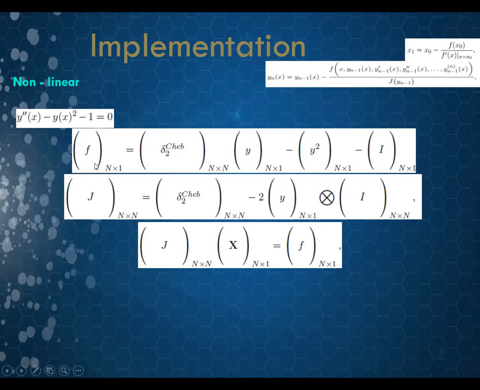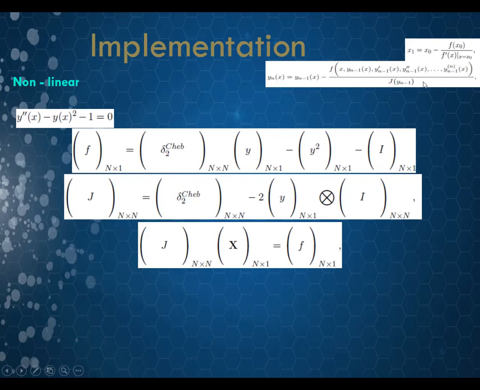And the column matrix of f is equal to the matrix of the second derivative based on Chebyshev polynomials acting on y, minus y squared, minus the identity column matrix. And the Jacobian is a derivative of that with respect to y, and we can write it in this matrix form, and find x as these terms, f over Jacobian.